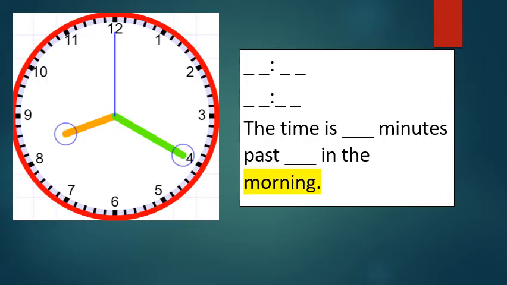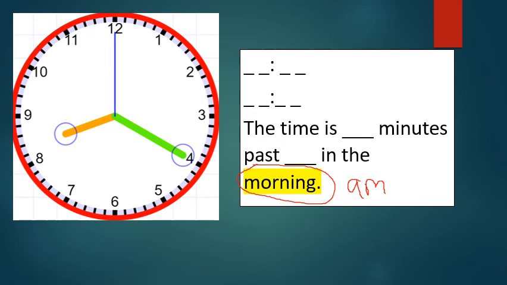This is what your work is going to look like over on Teams today. It is quite a tricky concept to understand, so just give it your best go. First job is to tell the time, and I've highlighted on here whether it is morning or afternoon, evening. Now if it's morning, it is AM.